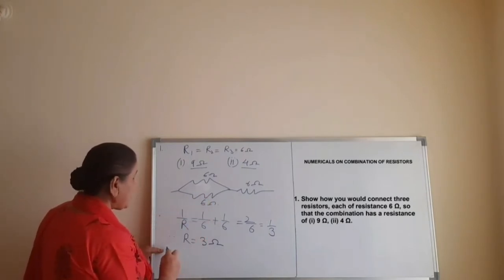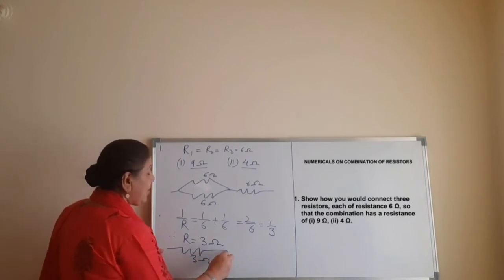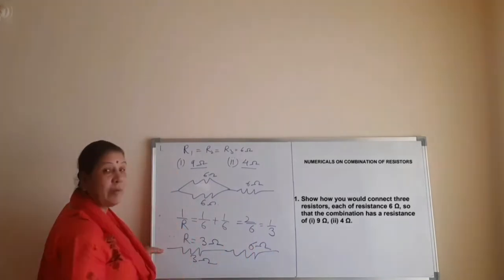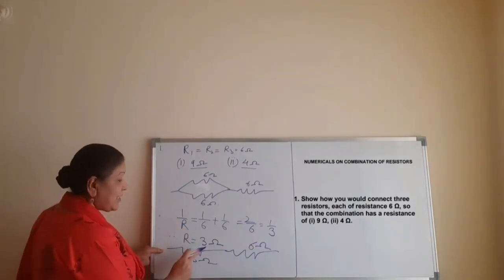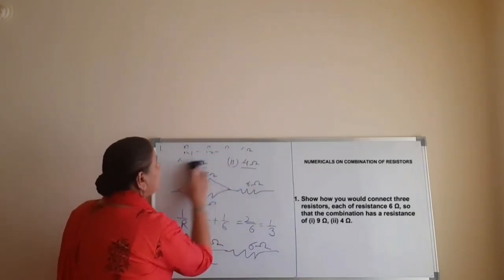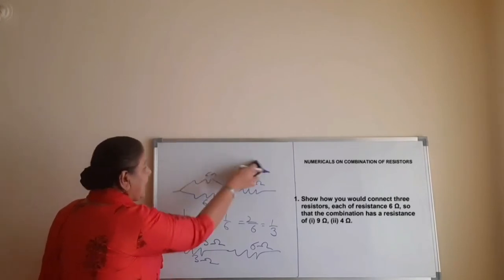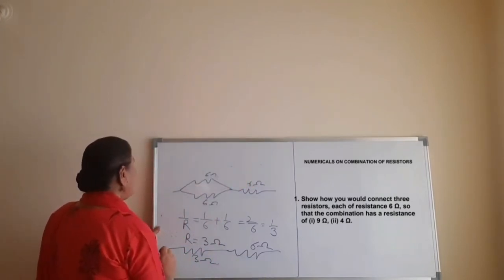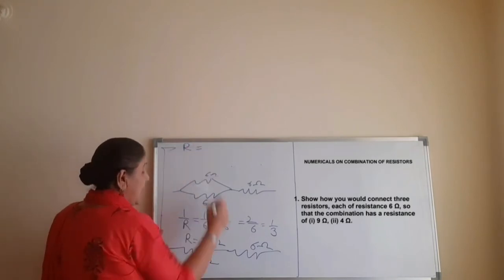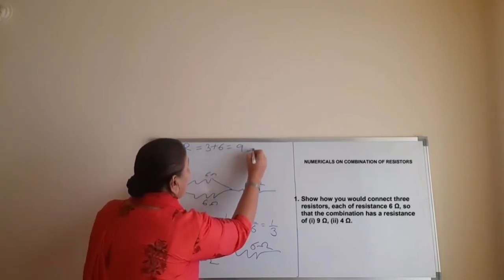Now my connection will be one 3 ohm resistor, and with that one 6 ohm resistor is connected. So what will be the total resistance? 6 plus 3, 9. So the resultant R will be 3 plus 6, that is 9 ohm.